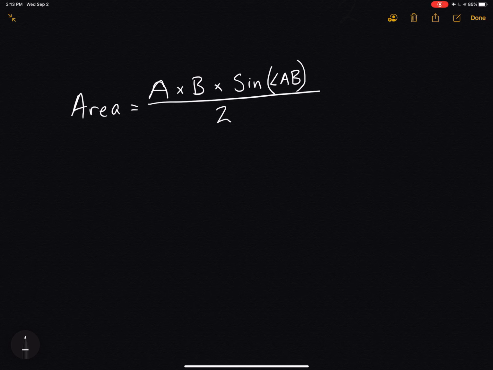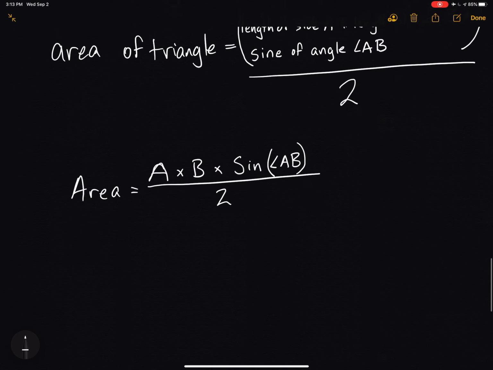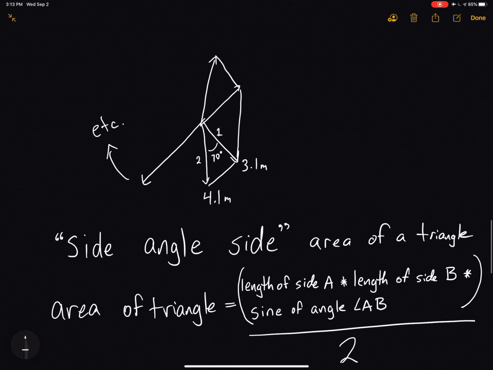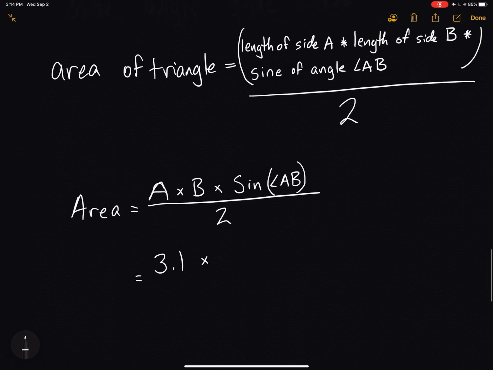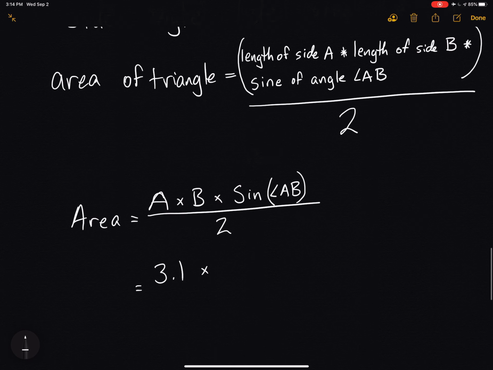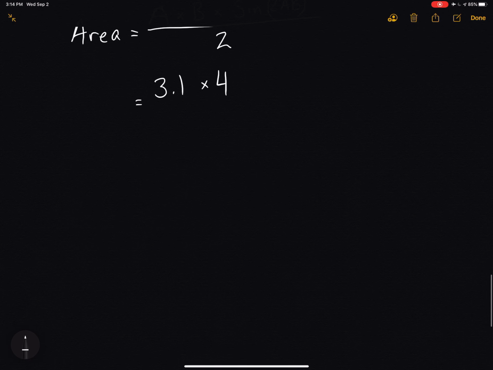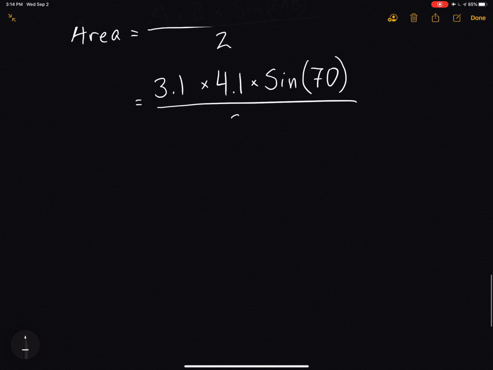So, in our example, that'll be 3.1 meters times 4.1 meters times sine of 70 degrees, all over 2.